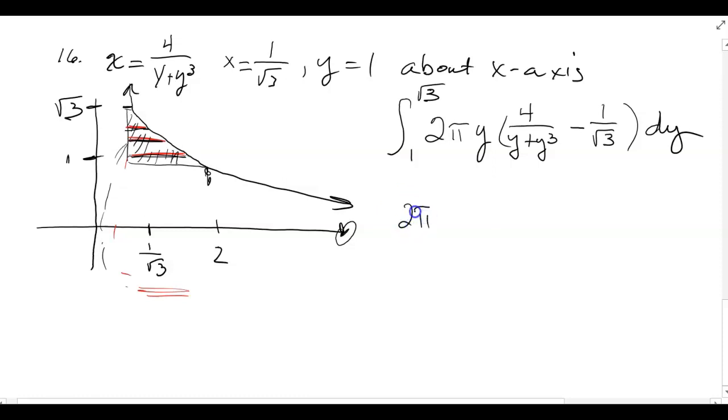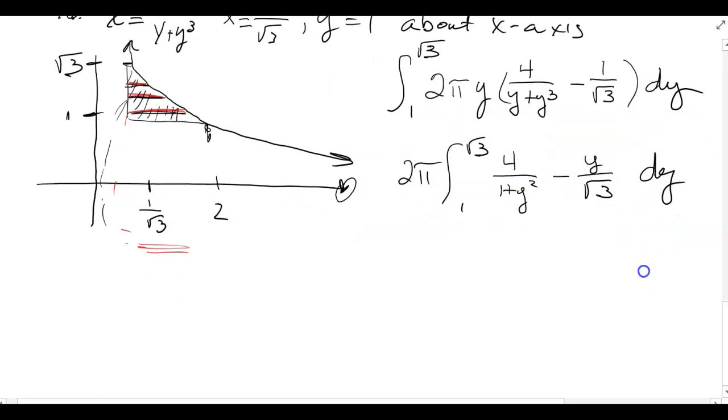I'll take out 2 pi, 1 radical 3. When I distribute y through to the first part of the function, you can pull out a y at the bottom, cancel it, so you end up with 4 over 1 plus y squared. And when I multiply the y here, it's just y over radical 3, dy.